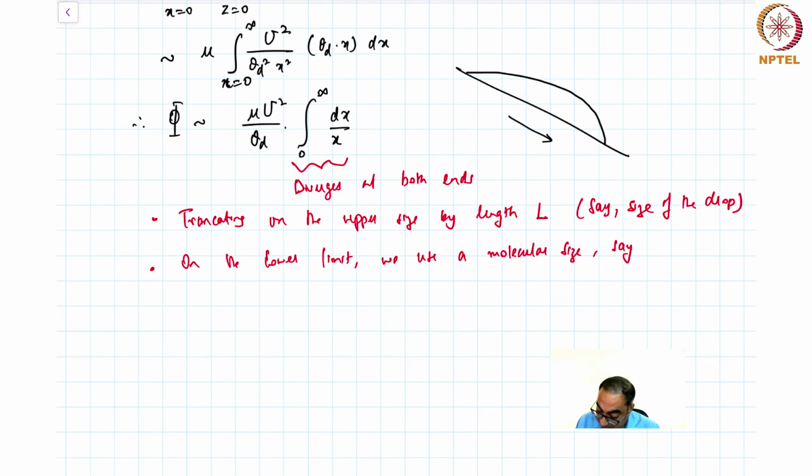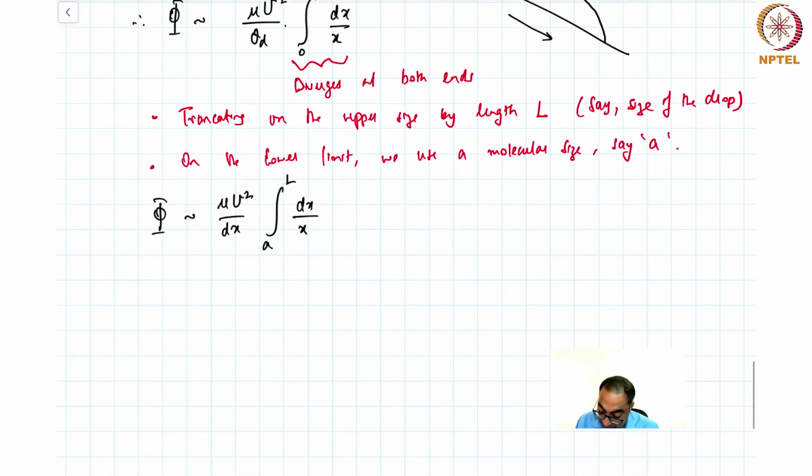Say A, and we'll come to what this molecular size could be. So if you write down this quantity, then we simply have mu u square by dx. Now you have a to L dx by x.